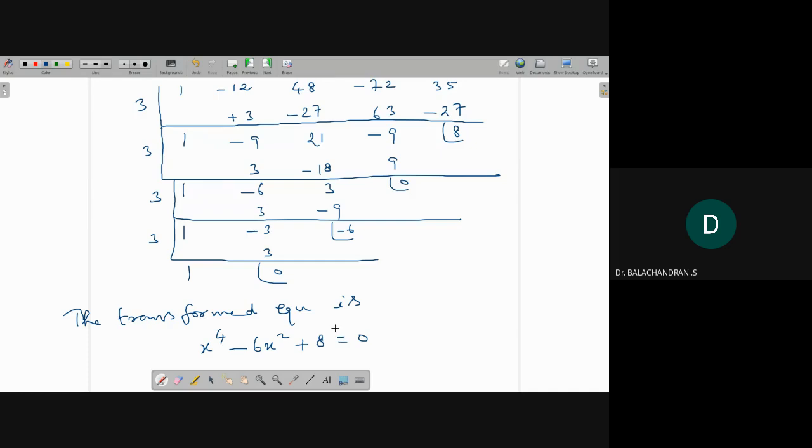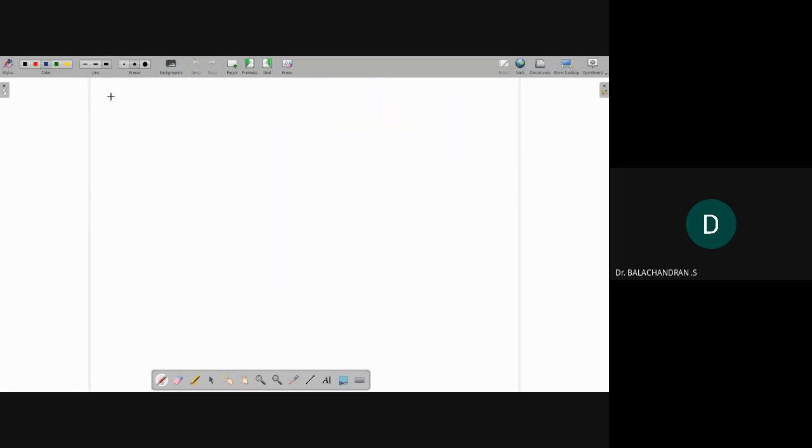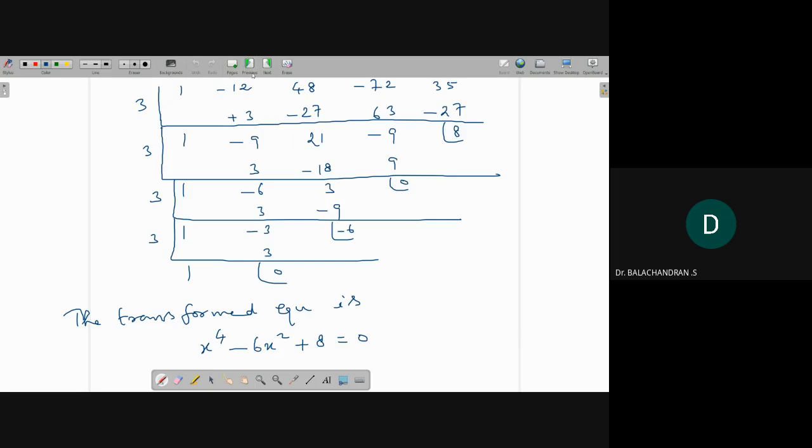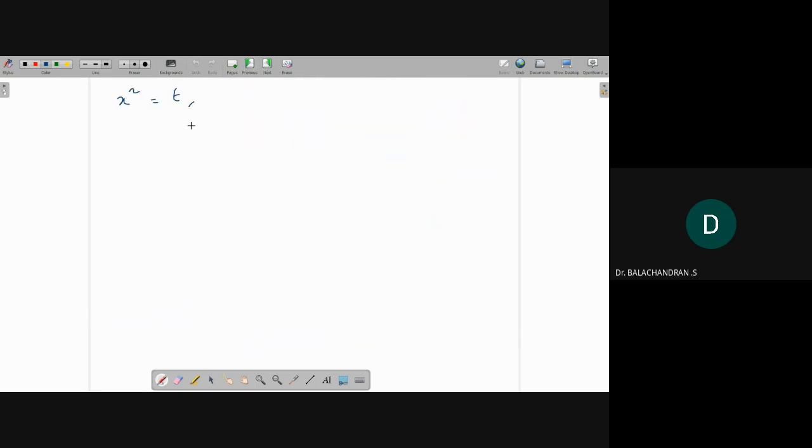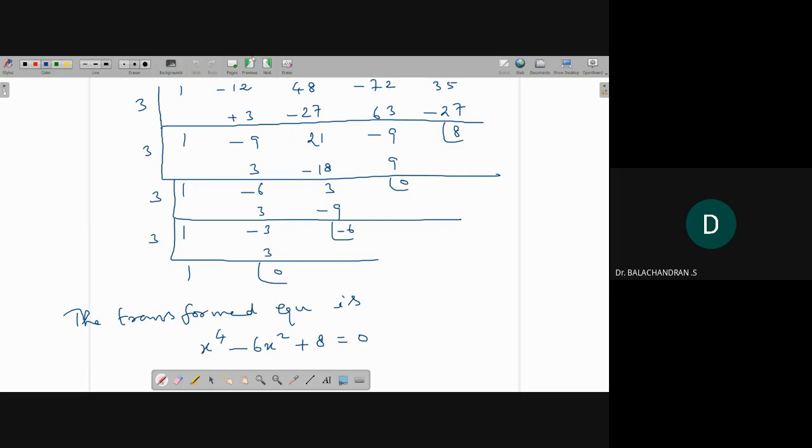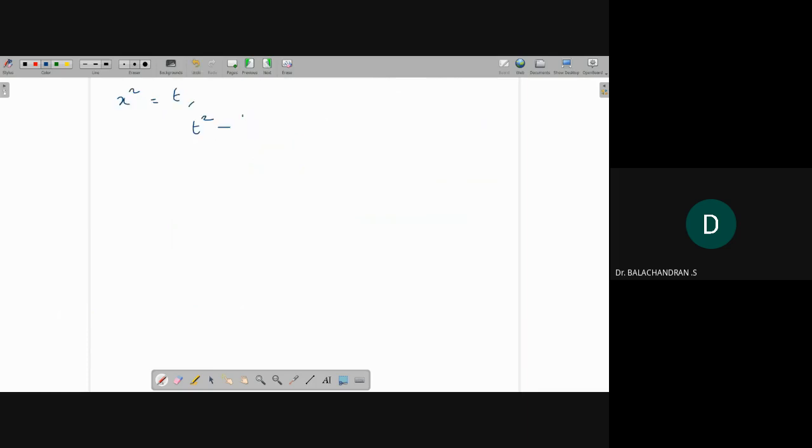Now we need to take x square equal to t. So we have t square minus 6t plus 8 equal to 0. So t minus 4, t minus 2 equal to 0.